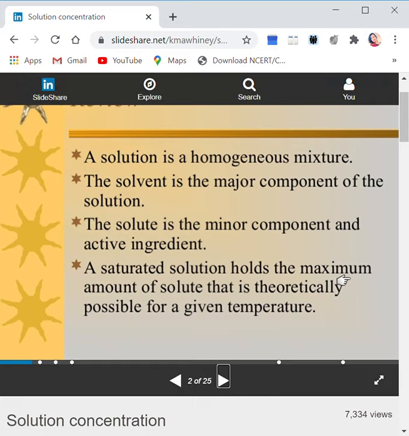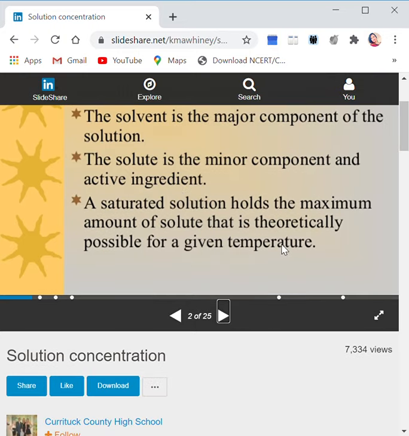When you are trying to add the fifth spoon, it will not dissolve in the solvent, because there is no space left in between the particles of the solvent where the solute can go and fit itself. So such kind of solutions where no more solute dissolves is known as saturated solution.